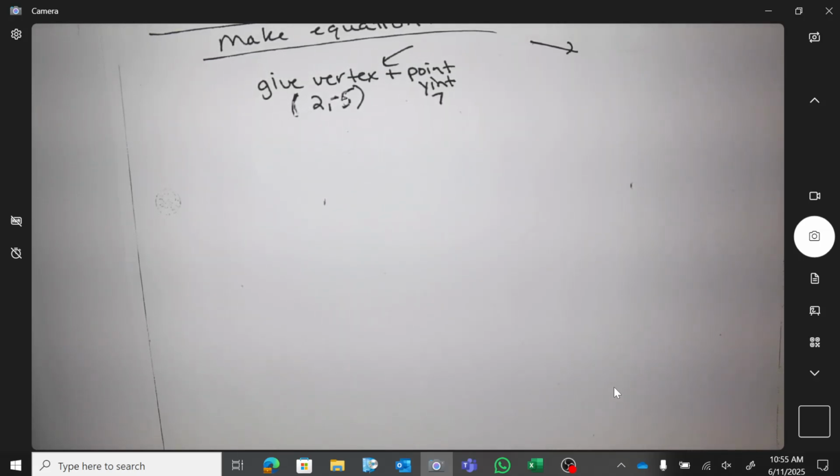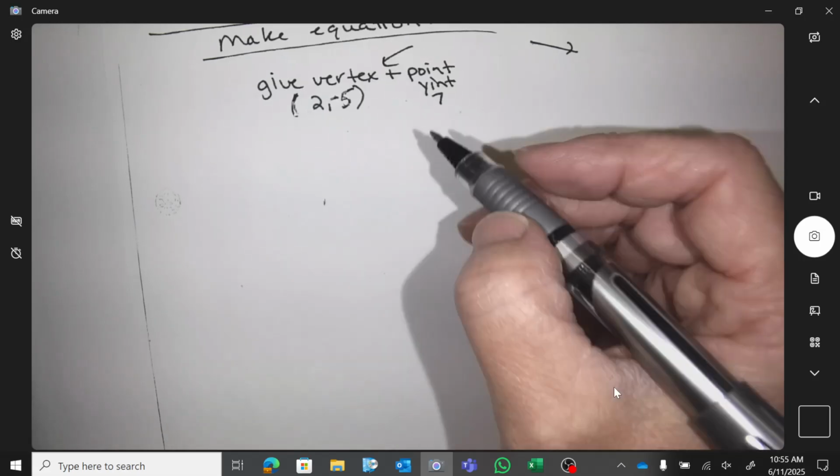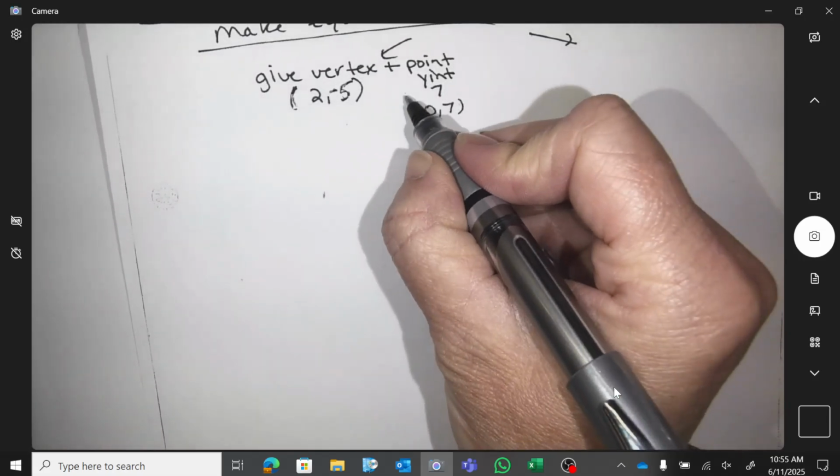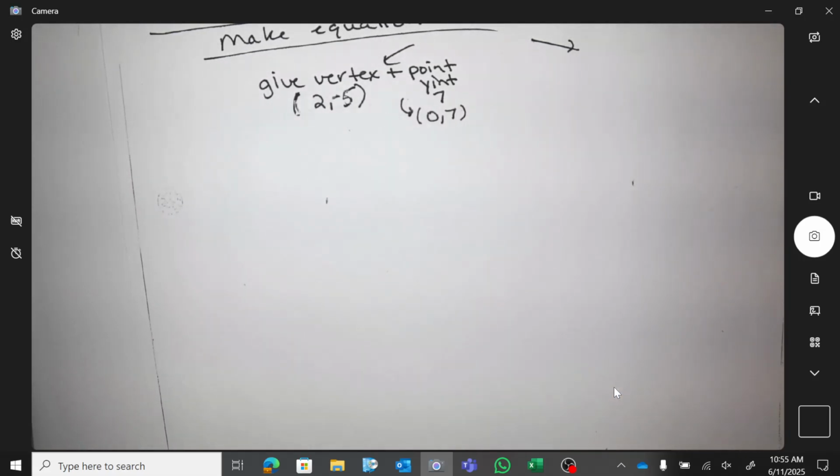Well, the first thing is you better know how to write an actual y-intercept as a point. How do you write a y-intercept as an actual full coordinate? 0, 7. So you better know how to do that, right? Y-intercept is really a 0, 7 there.